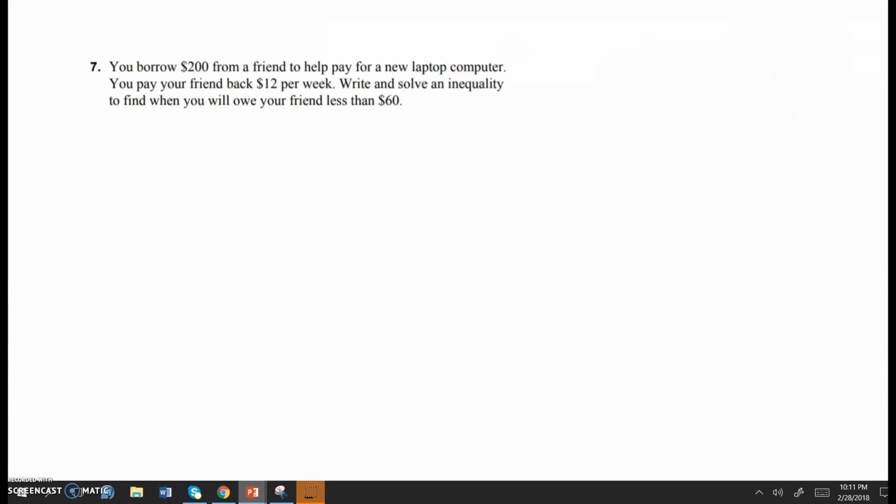Okay, the last one. You borrow $200 from a friend to help you pay for a new laptop computer. So 200 is where we start. You pay your friend back $12 per week. Write and solve an inequality to find when you will owe your friend less than $60.